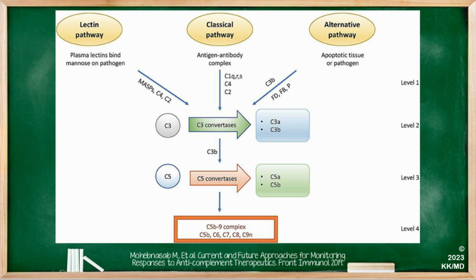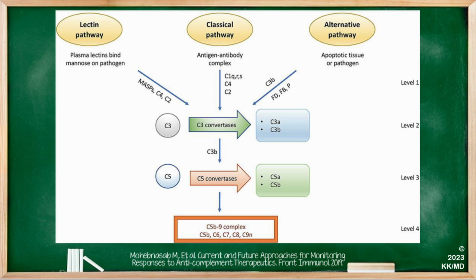These all work on C3, and C3 then gets converted to C5. And C5, which is complement 5, then gets converted to produce C5b, C6, C7, C8, and C9, as well as C5b to 9 complexes.